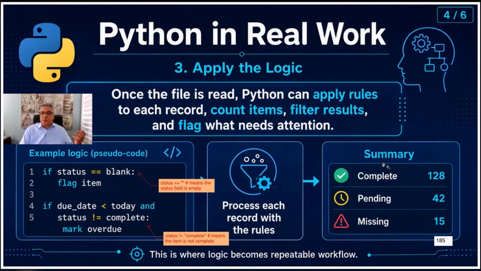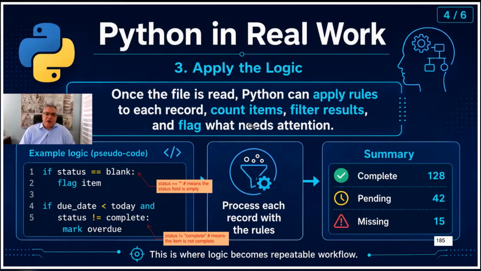This summary could be like: you have 185 files, you have 128 completed, 42 pending, and 15 missing. So Python will do all of this for you. But you are the one who will give Python the rules to do that, and that's what we're going to explain. So let's see a small example of how Python will work.